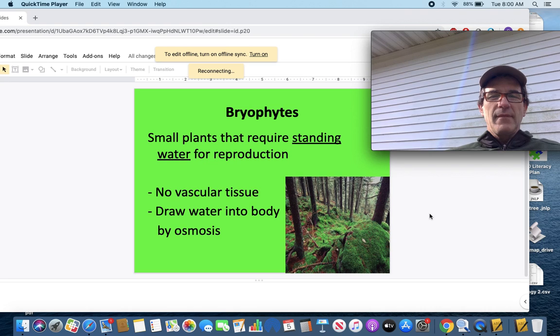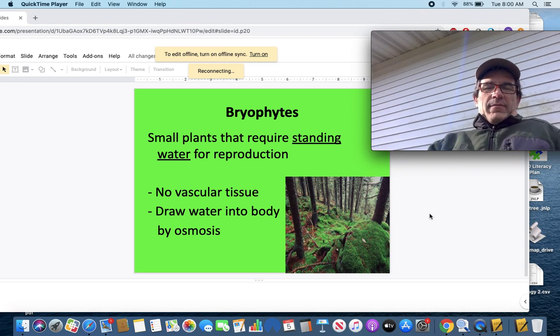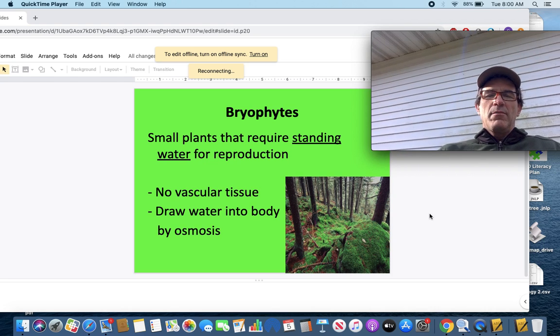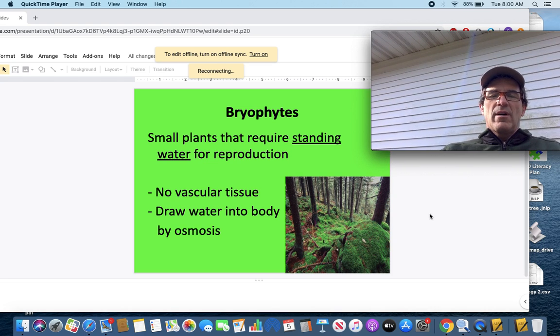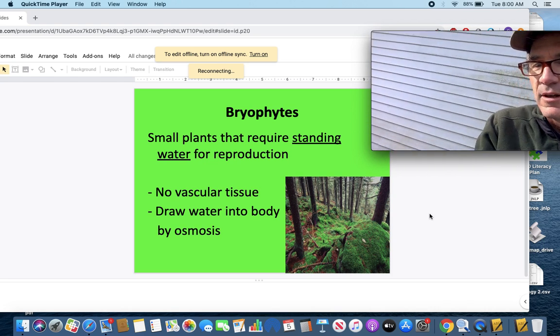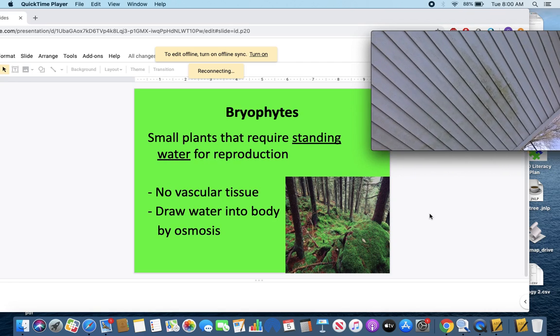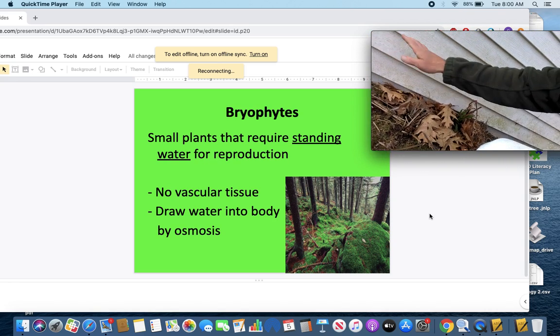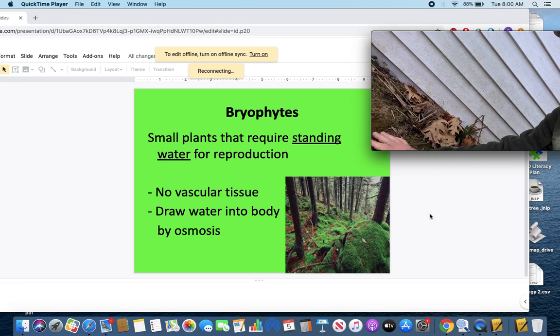Now bryophytes are the next group of plants I want to talk about today. They are small plants. They require standing water for reproduction. So if we look on the ground here, let's position the camera right here. This is the siding of my house, and here are some mosses.